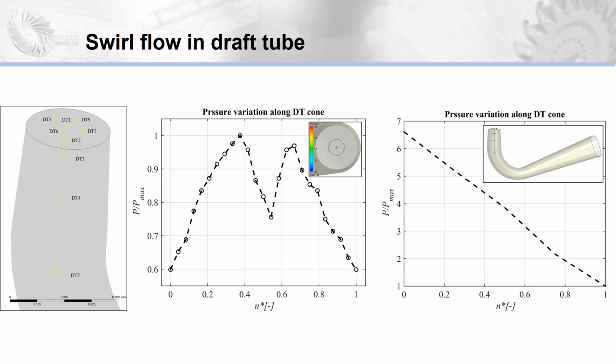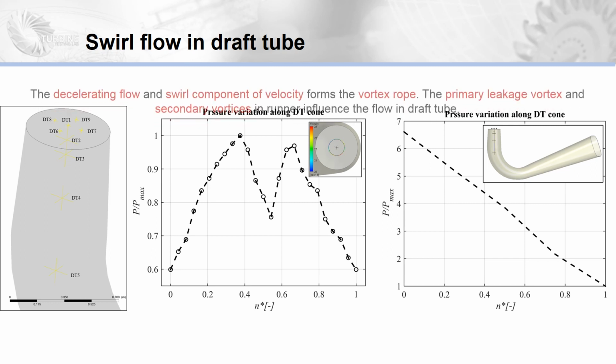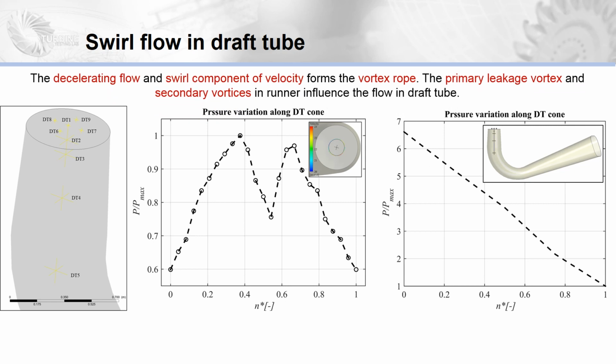Thus, as flow enters from the inlet to the outlet, the pressure gradually increases, indicating the decelerating flow. And thus, the decelerating flow and the swirl component of the velocity form the vortex rope in the draft tube. The primary leakage vortex and the secondary vortices in the runner highly influence the flow in the draft tube.